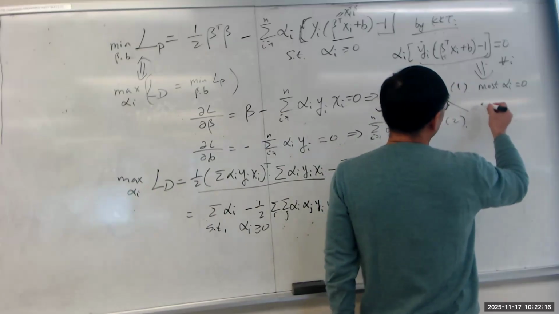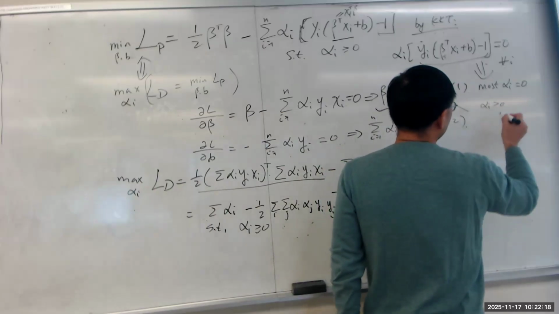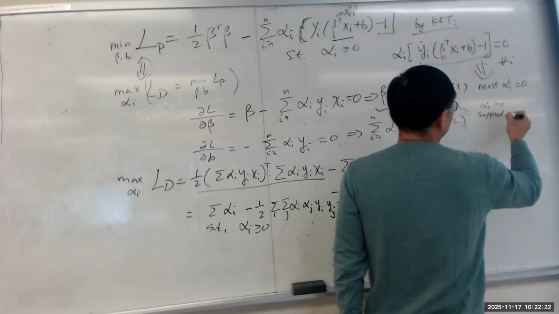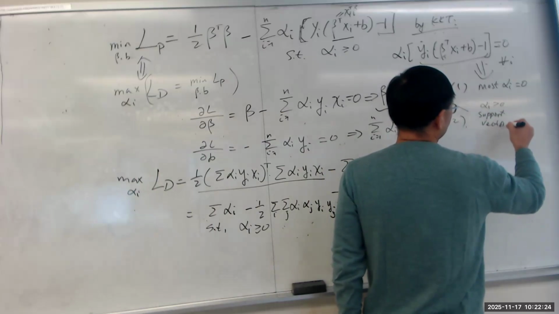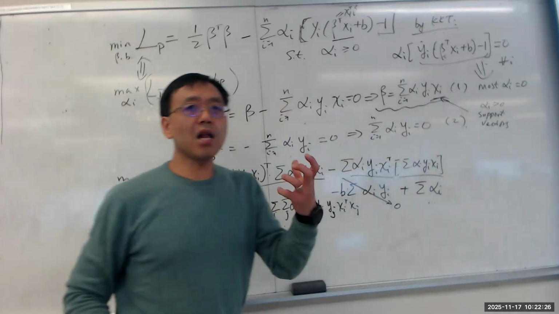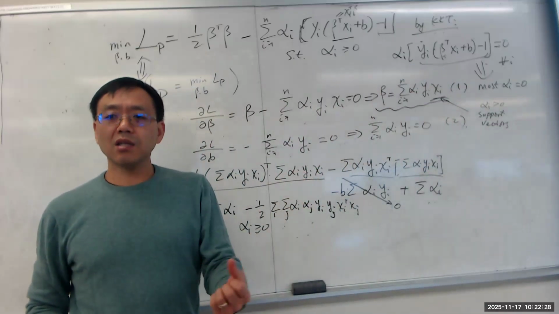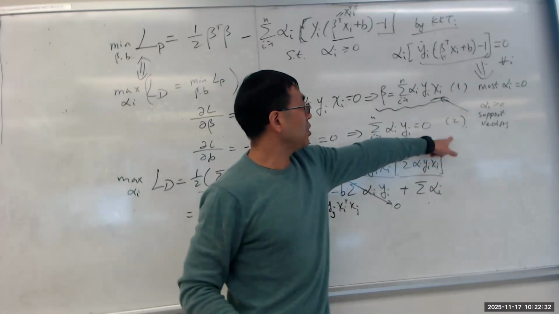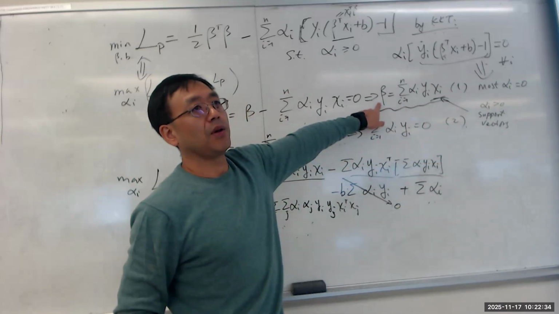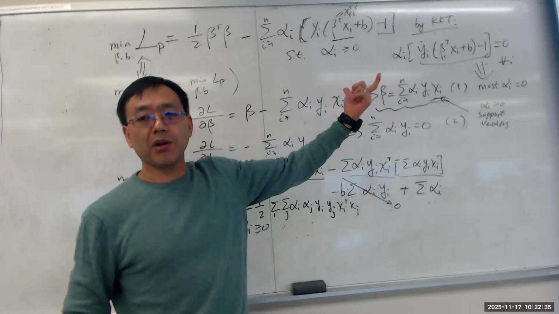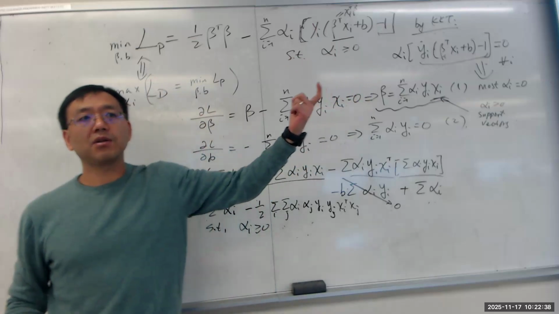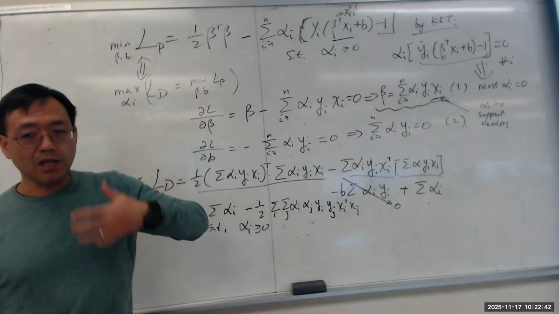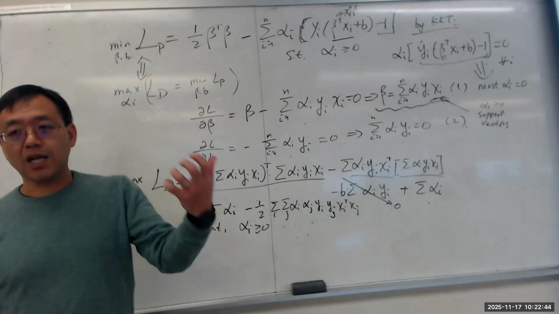Those with alpha_i bigger than 0 are called support vectors, because only those points contribute to beta, which defines the linear separator.